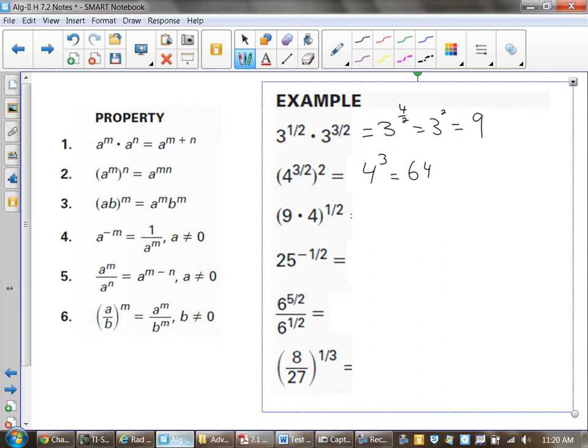When you have a bunch of junk raised to an exponent, remember in this case, since it's multiplication, it's like distributing the power. So you wind up with 9 times 4, all to the half power, which is 9 to the half power times 4 to the half power. And what does half power mean again? Square root. What's the square root of 9? 3.